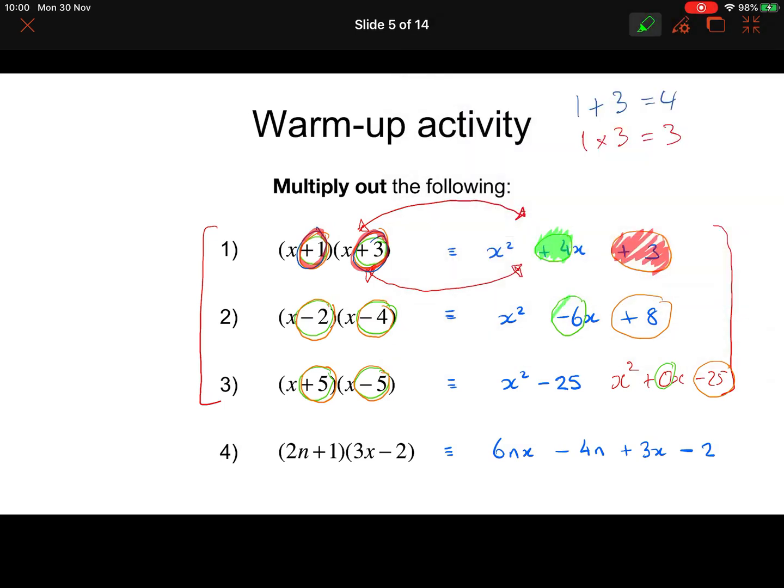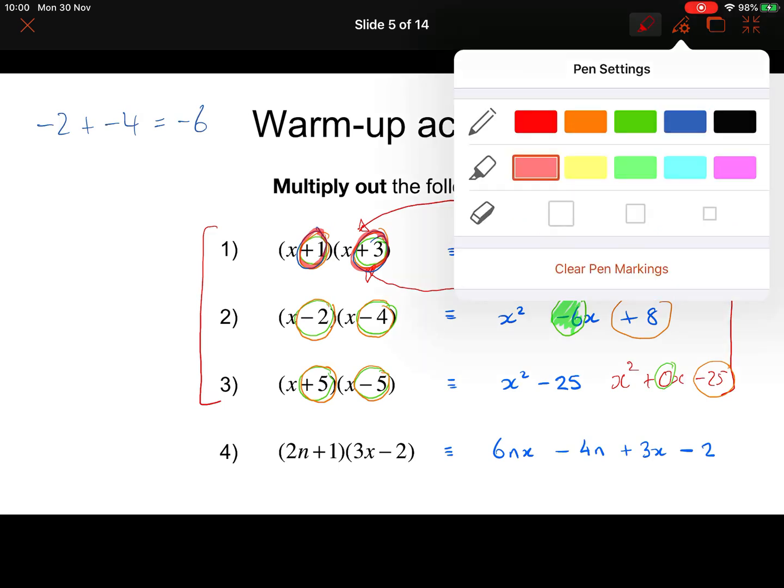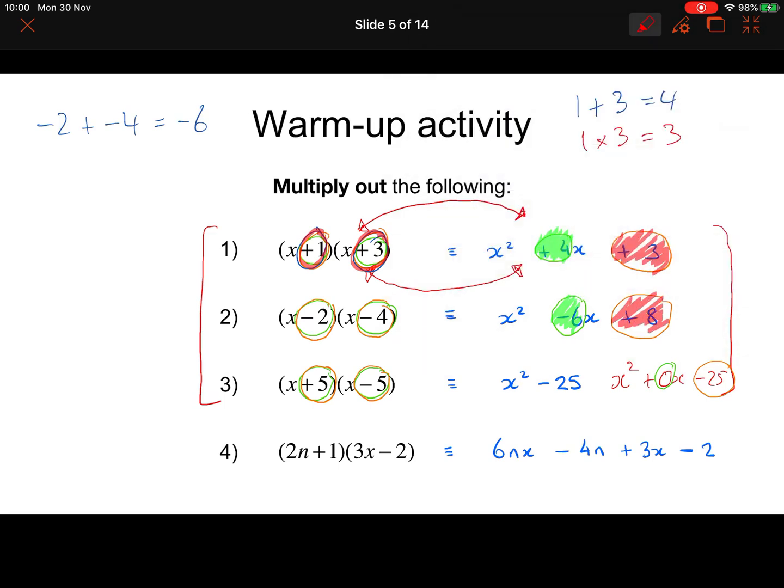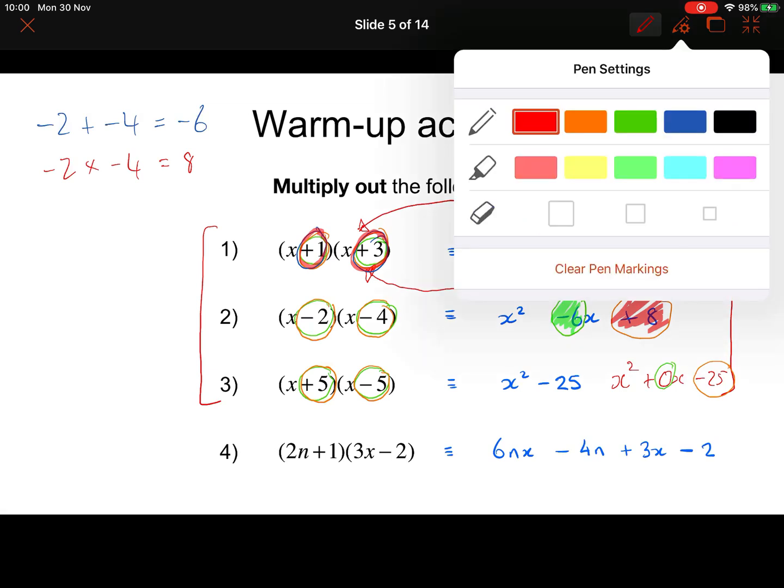This minus 6 is obtained by doing minus 2 plus minus 4. That's minus 6. And the plus 8 is obtained from doing minus 2 times minus 4. That's equal to positive 8. And it even works for the last one.